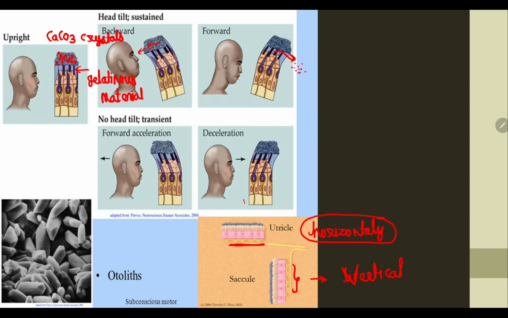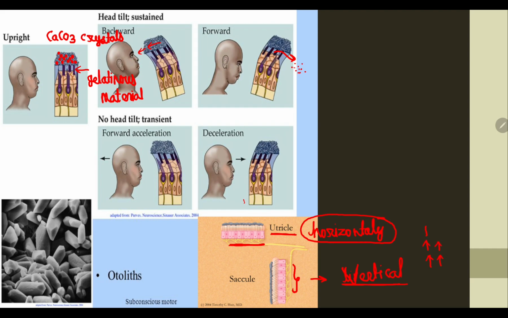The utricle and saccule cannot detect motion, they detect change in motion. So any change in rate of motion will be detected horizontally by the utricle, and vertically by the saccule.